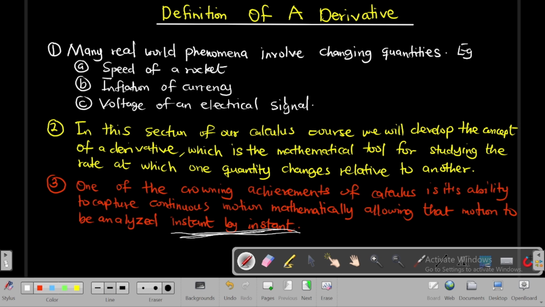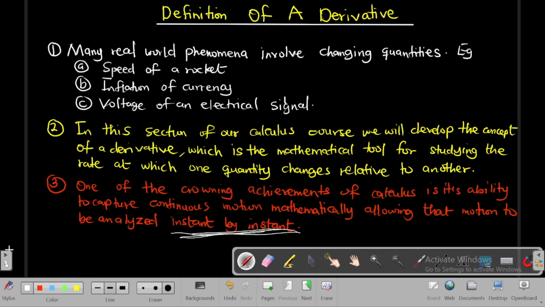At a particular instant in the course of the motion, the rate of change of the distance compared to time will be different from another instant. So the idea of a derivative is what we use to analyze the rate of change of a quantity like the speed, which is the distance over time, at a particular instant in the course of motion.